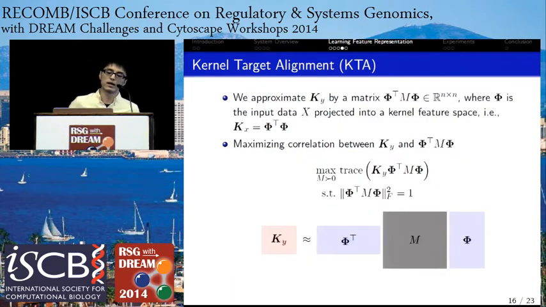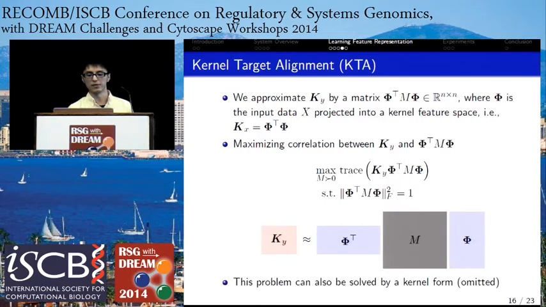We approximate KY using this matrix, psi transpose M psi, where psi is the input data projected into the kernel feature space. That is, psi transpose psi is the kernel matrix. And we maximize the correlation between the ideal kernel and this matrix, regarding M as a parameter. And this again can be kernelized and can be computed quite efficiently.